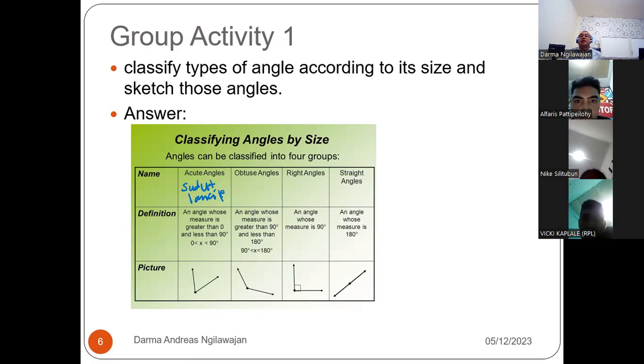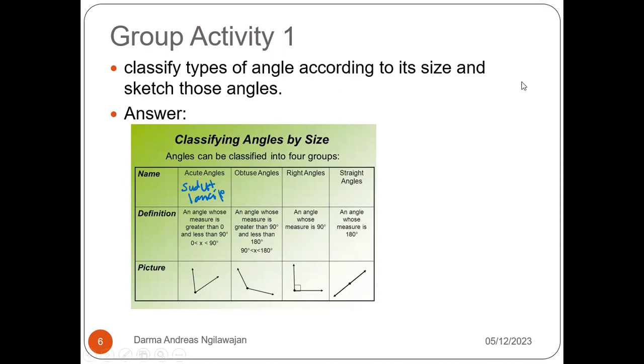So you can read the definition only. Definition for obtuse angles is an angle whose measure is greater than 90 degrees and less than 180 degrees. Okay, good.